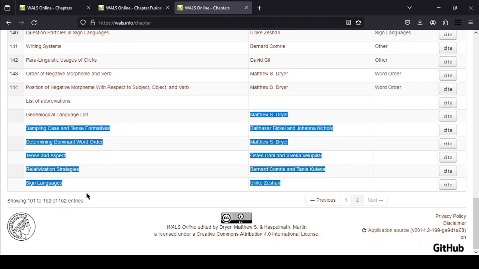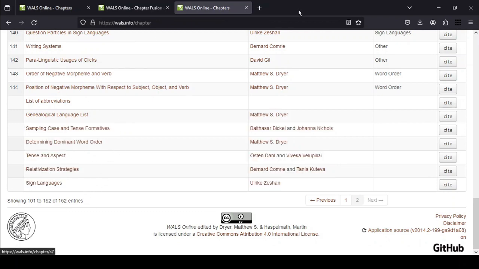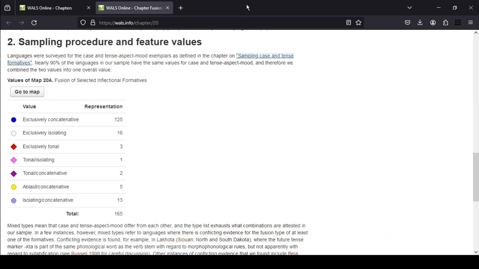Yeah, here's our supplement. Nearly 90% of the languages in our sample have the same values for case and tense aspect mood, and therefore we combine the two values into one overall value.